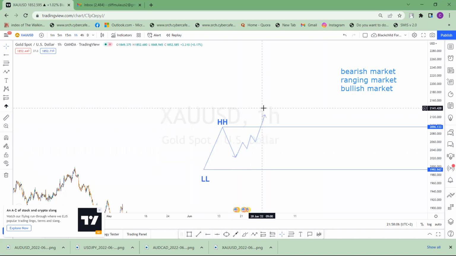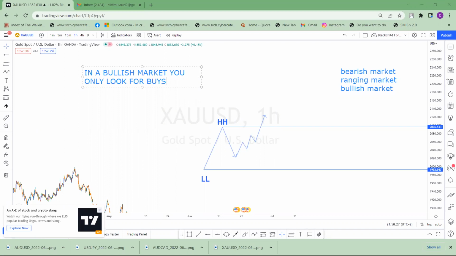In a bullish market, you only look for buys, right? So in this case, you don't react to anything. You just wait to see if the market will break to the downside.